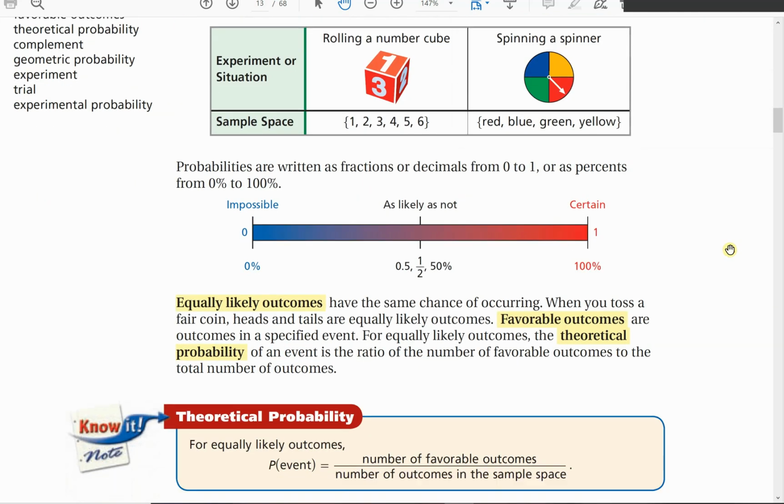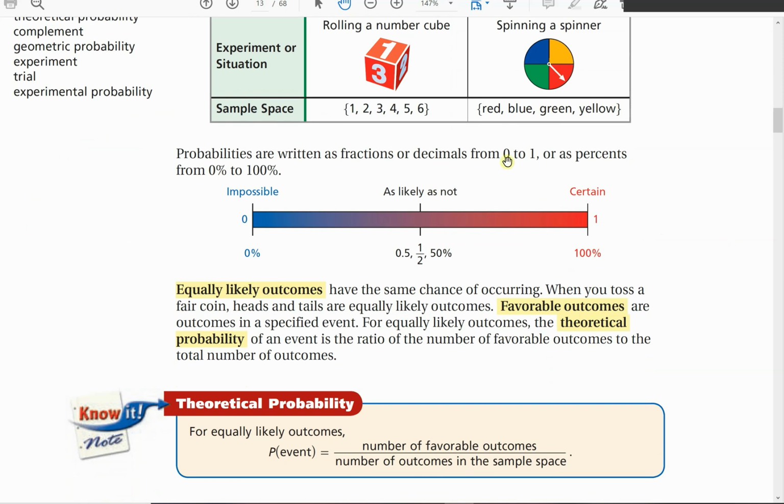Probabilities are usually written as fractions or as decimals between 0 and 1, or sometimes as percents. Now here's the thing: it's always going to be between 0 and 100. You can't have over 100% for a probability. It's not possible. You can't have less than 0 either.